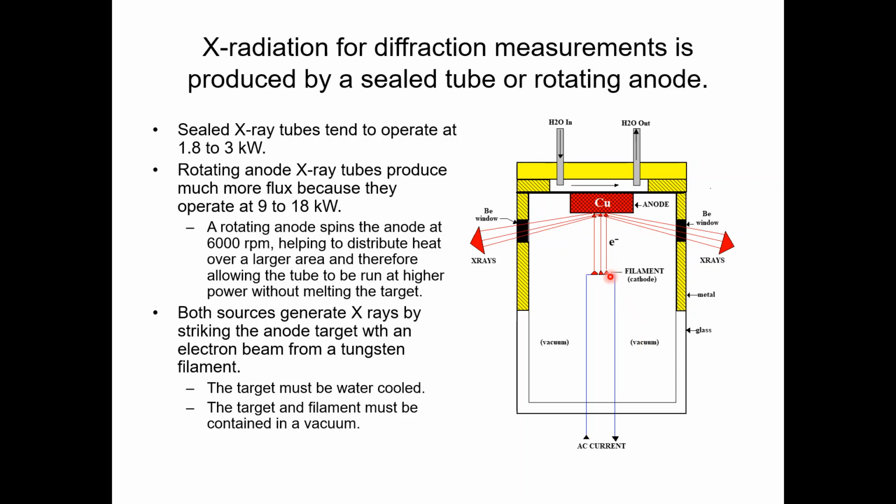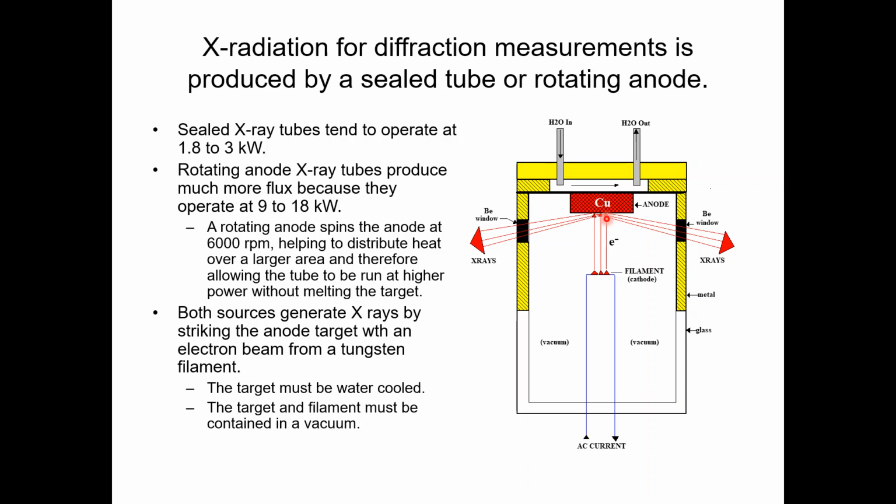Here we have a cathode filament. When we heat it with the power supply, it emits electrons. These emitted electrons hit the anode, and when they strike it, X-rays are emitted.